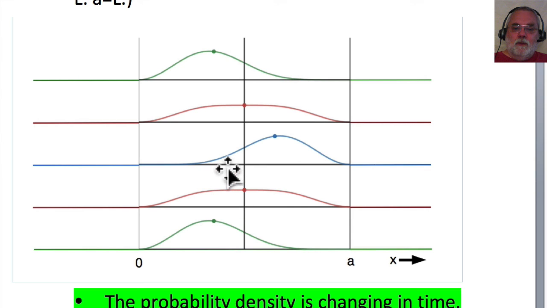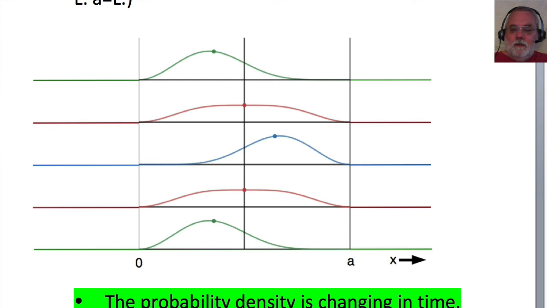The next curve up, this blue curve, this was for 0, this was for pi over 2, so this is for pi. And notice that this is the flip of the green curve, flipped around the center. And then when we advance time another pi over 2, we get a curve which is identical to this red curve, and then we advance time another pi over 2, and we get back to the original curve.